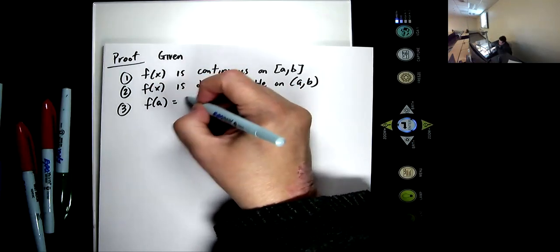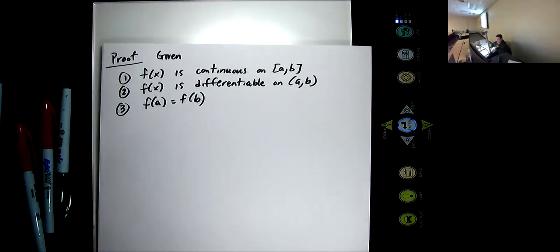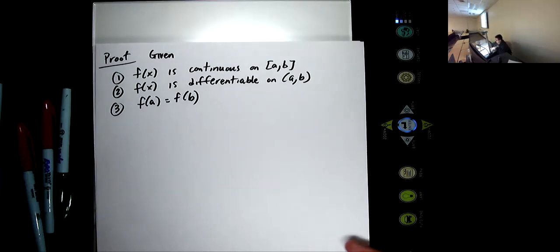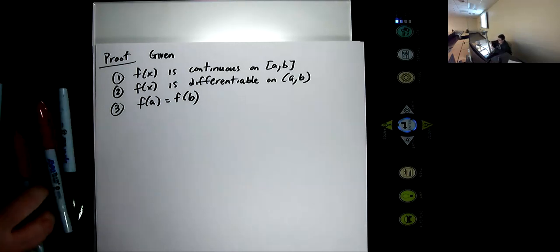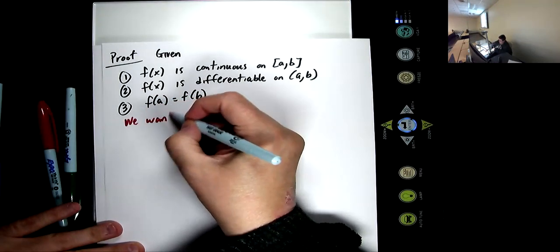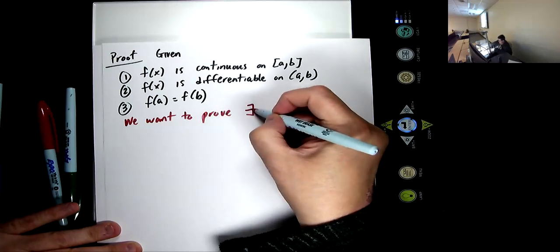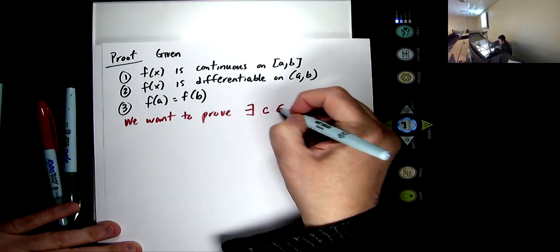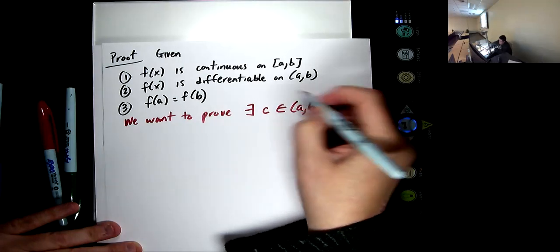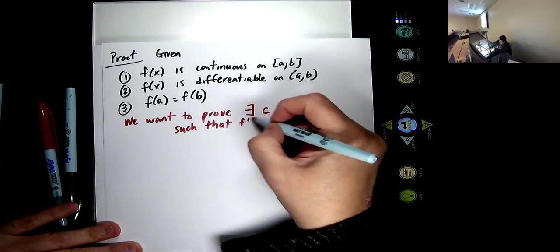And f of a equals f of b. And what we're trying to prove, we want to show there exists some c in (a, b) such that f prime of c equals 0.